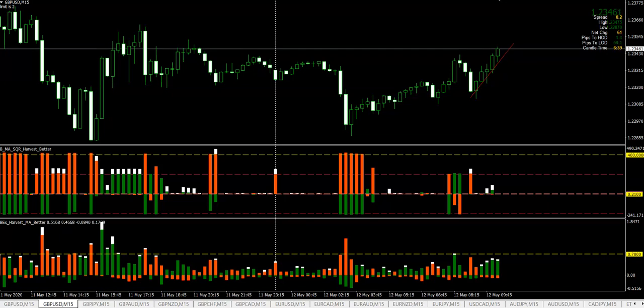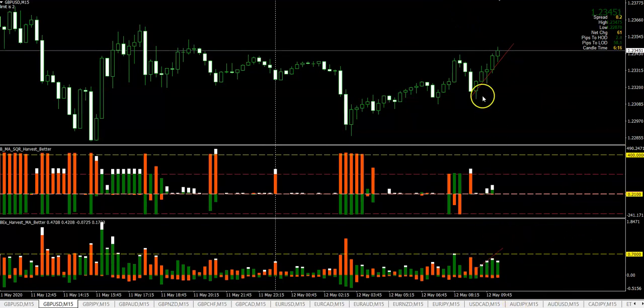I don't just jump into any trade for the sake of trading. I try to take trades that will give me a higher probability of winning, and right now, as much as it's going up, I'm not really impressed by how the volume is rising. It's not the best volume.